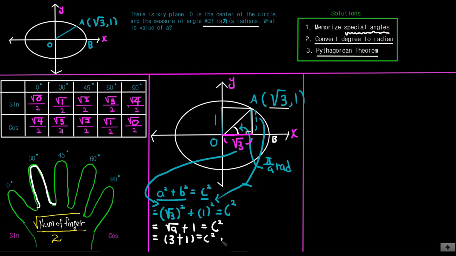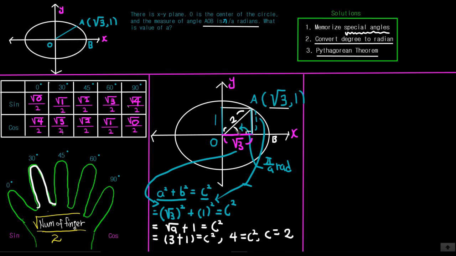And then we can see that 3 plus 1 is 4. That should be c squared, which means c is square root of 4, which is 2. So the value of c right over here is going to be 2, which means the radius of the circle is just 2. And then we can find a value.